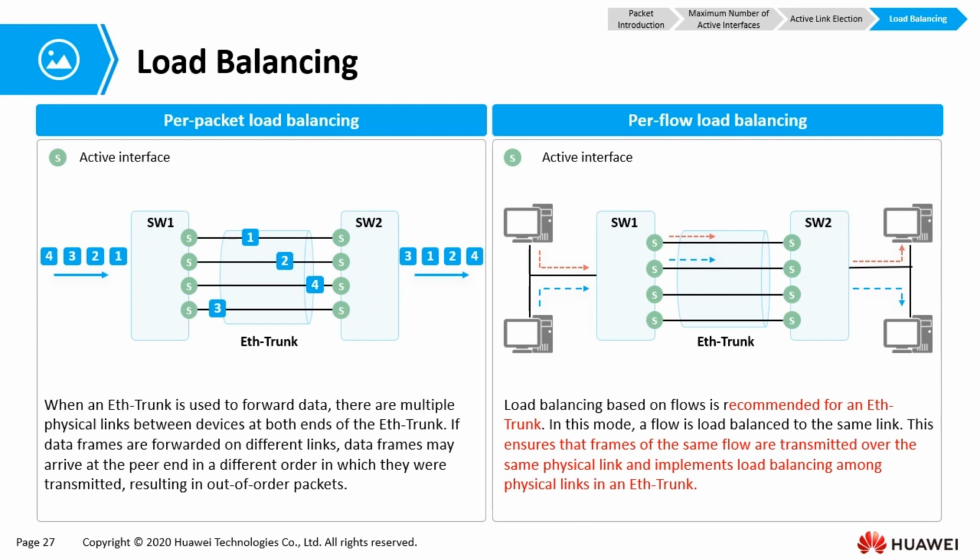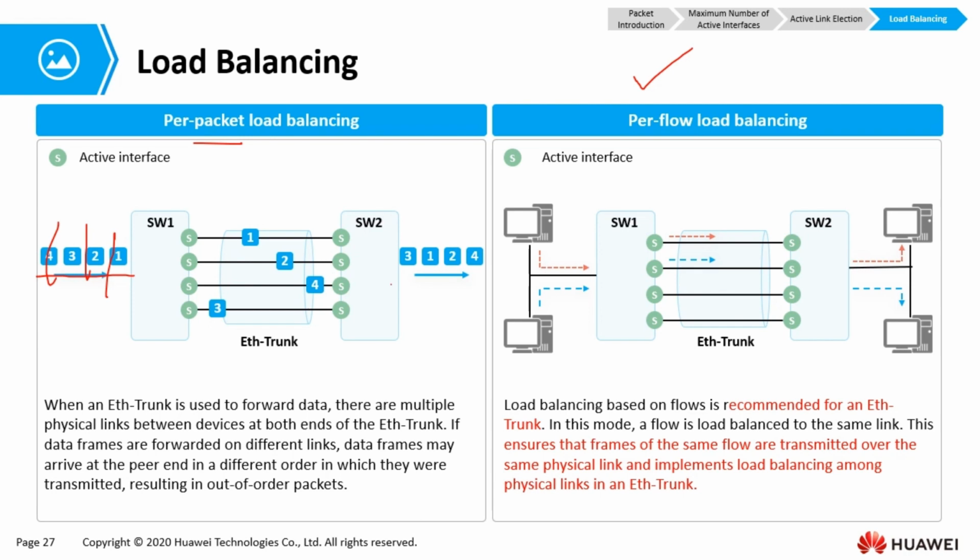Here on load balancing, we also have two modes, but in the real world we more recommend using per-flow load balancing compared to per-packet load balancing. With per-packet load balancing, you have multiple physical links between the devices, so one packet of data is partitioned into pieces, packet 1, 2, 3, 4, and each of them is forwarded through a different link.